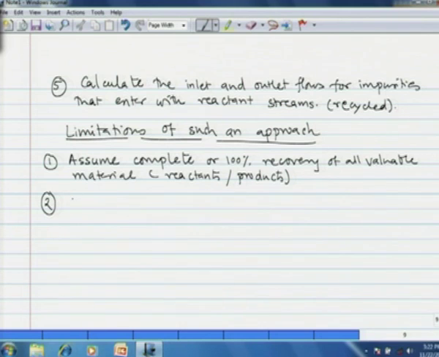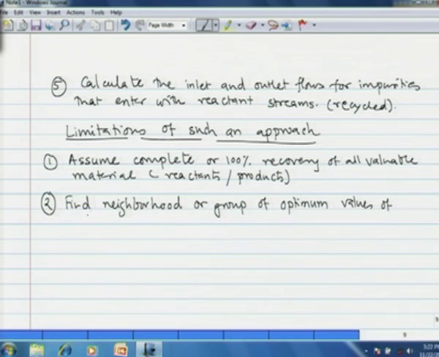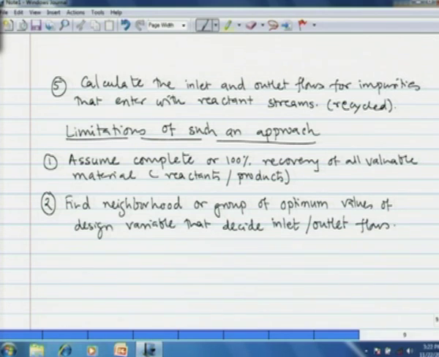So, that point we also note: find the neighborhood or a group of optimum values of design variables that decide the inlet and outlet flows than to determine the losses, as we have seen in step 4 and step 5 of our approach.